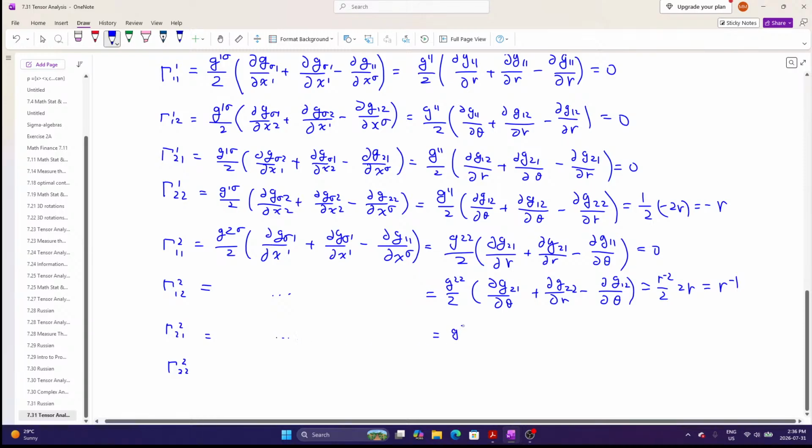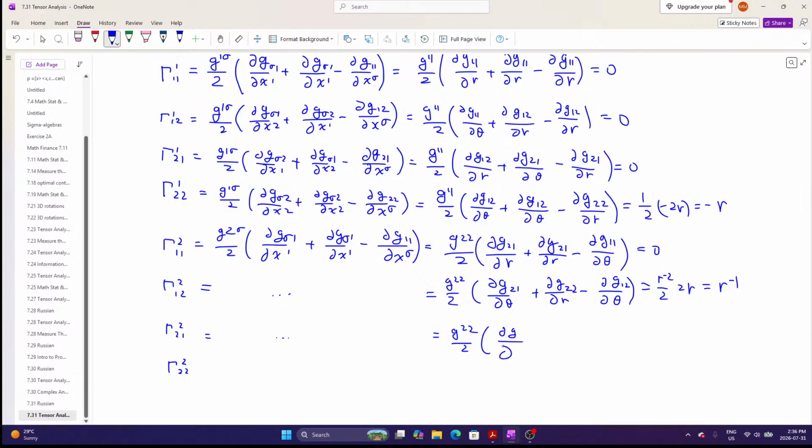Following this pattern, let's do the same calculation. You get g22 over 2 times dg over d something plus dg over d something minus dg over d something. Right? Okay, so lower indices of big gamma are 2, 1, so put 2, 1 here in the last term.